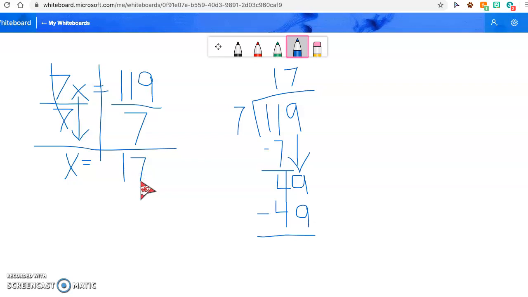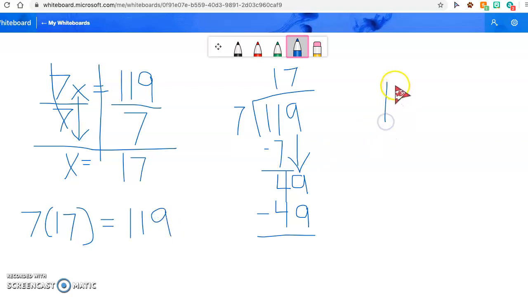Now we can go back and check our work by substituting our answer, 17, for the x, like this. Let's see, we could do 7 times 17 equals 119. Well, let's see. I'm going to come over here, because I prefer doing my math vertically.